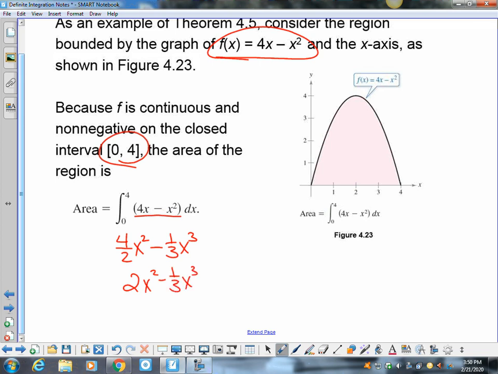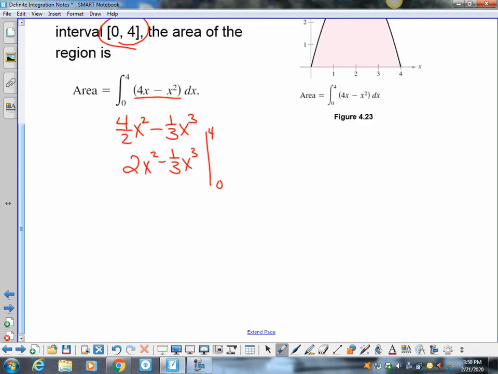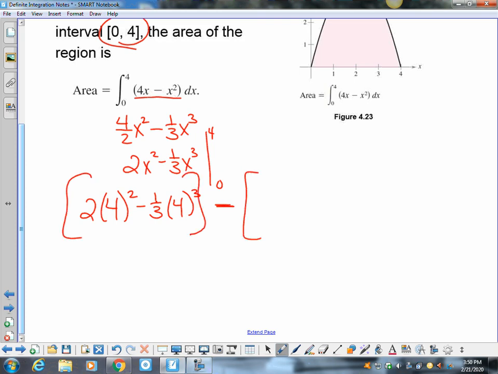But instead of the plus c, I now have this bar, which tells me that I want to evaluate it from 0 to 4. So I'm going to plug in the bigger number first, and then I'm going to subtract the integral evaluated at the smaller number, which is 0.